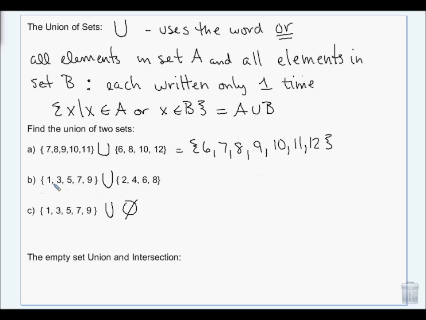And these are the same sets that we intersected, but now we're uniting them. So here I have odd numbers and even numbers. So I have 1, 2, 3, 4, 5, 6, 7, 8, and 9.